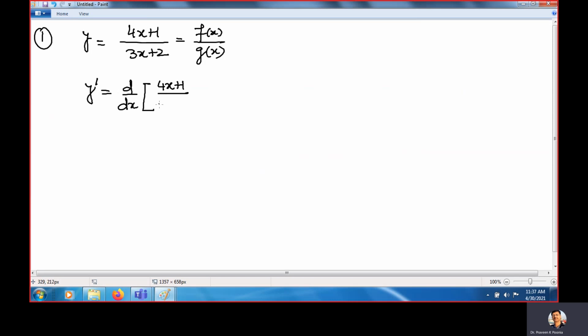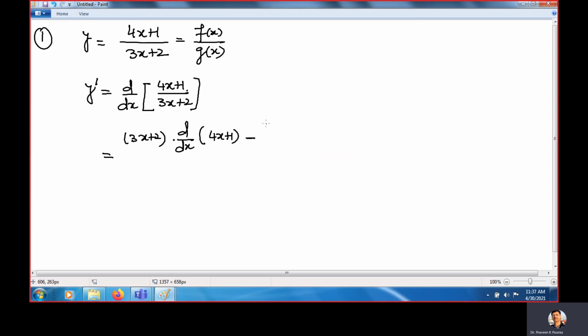So how are we going to write? 3x plus 2 same to same, gx same to same. And the derivative of numerator 4x plus 1, minus.